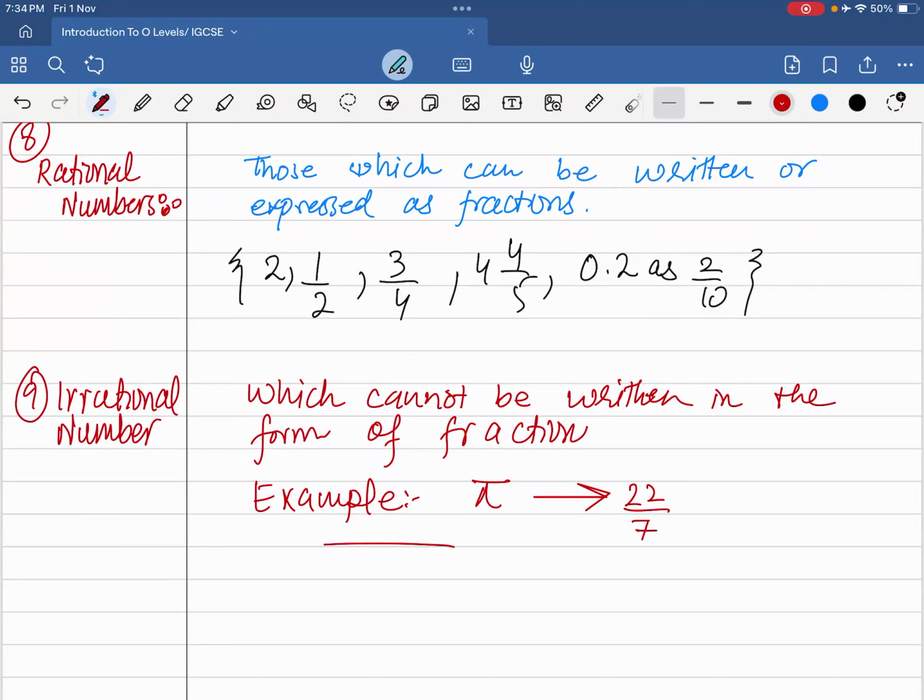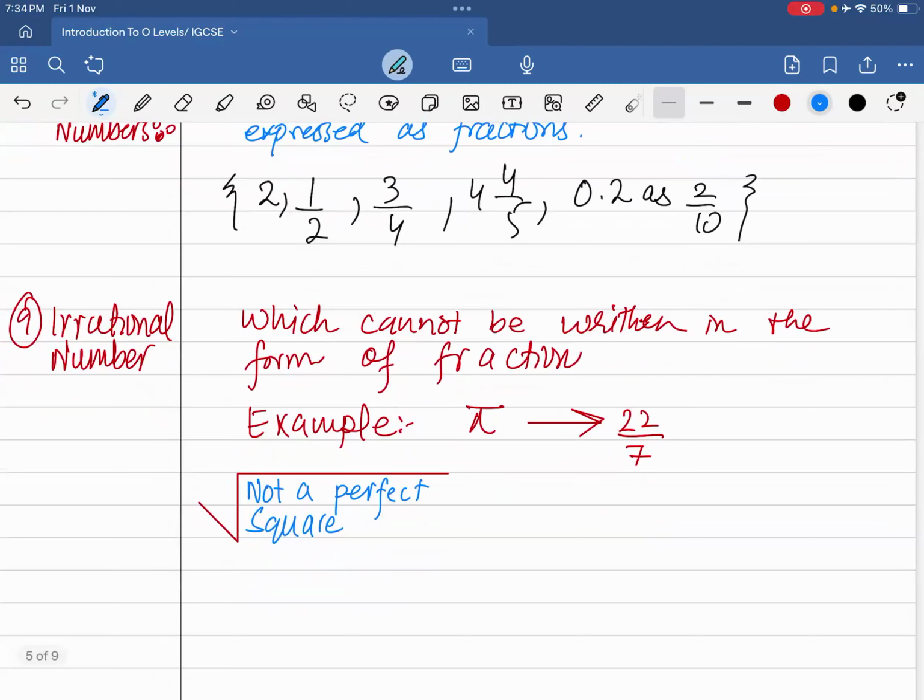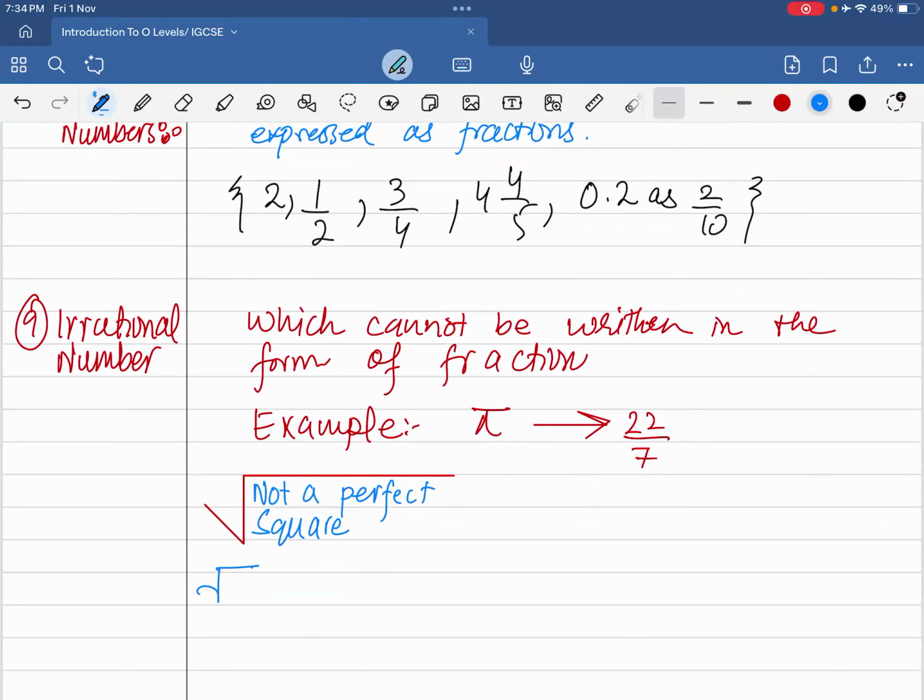You can also just write a square root. All of you, please memorize this, okay? Write a square root and write any number inside which is not a perfect square. Please pay attention here. I am going to write a square root, but I am not going to write perfect squares inside.